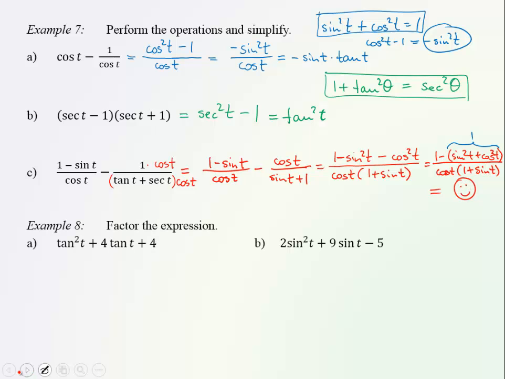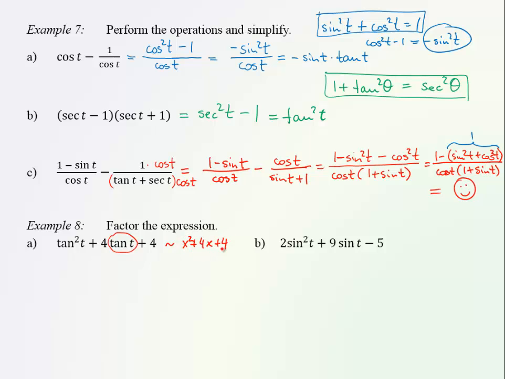Now, in preparation for solving equations, here's an exercise that asks us to factor each expression. In the first one, treat tangent t as a new variable. If you replace tangent t by x, this expression really takes the form of x squared plus 4x plus 4.